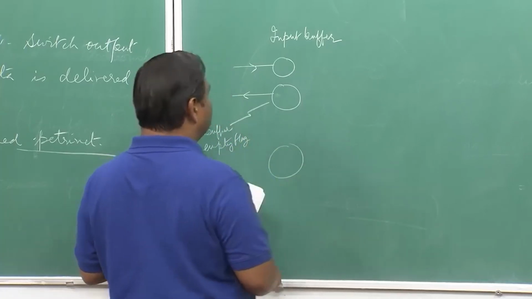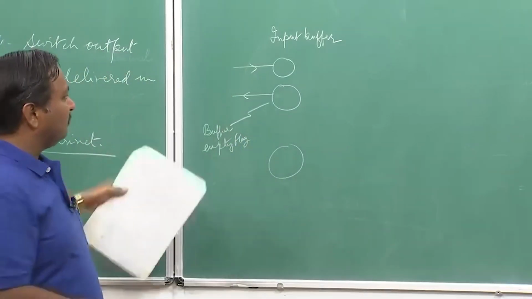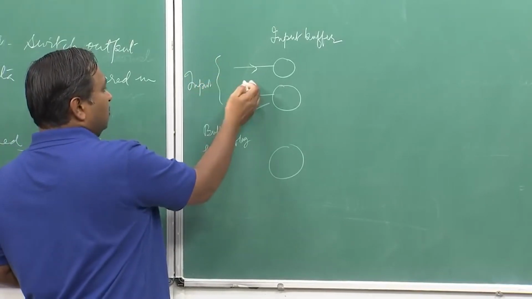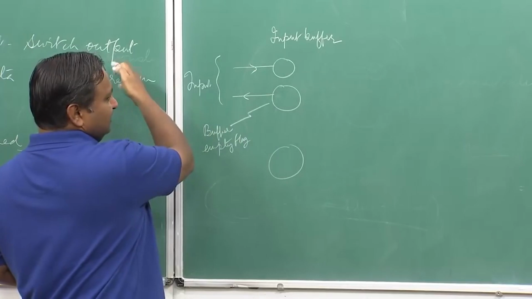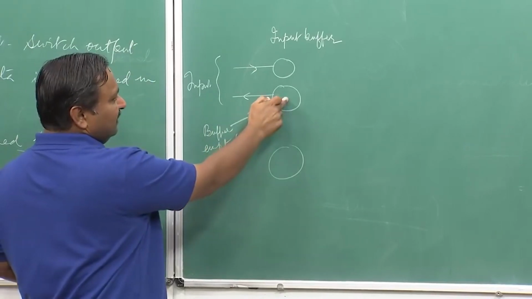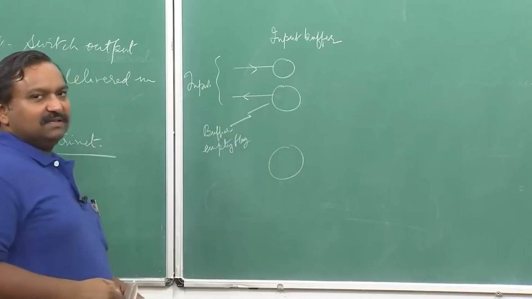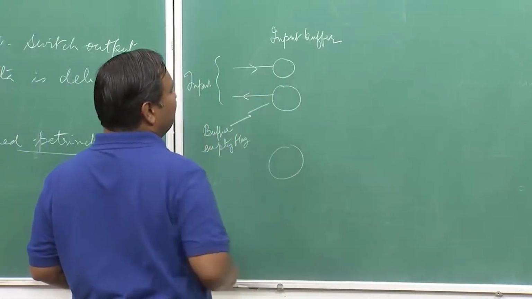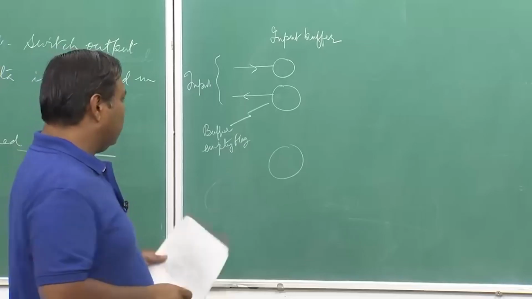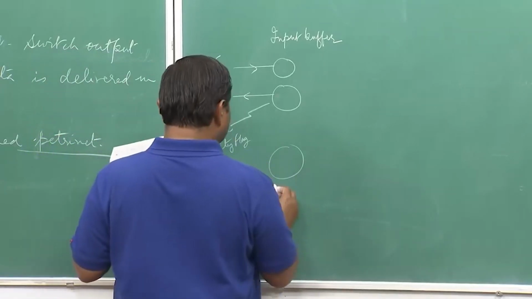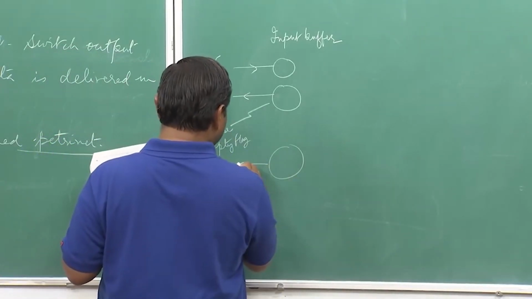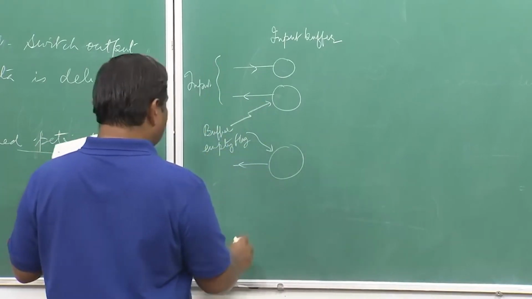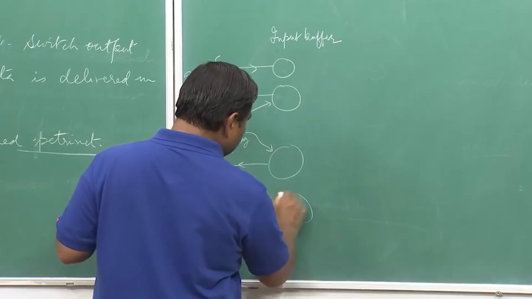There will be another buffer empty flag because it is 2 by 2, so this is input 1. To whichever previous stage output it is connected, this buffer empty flag will give a signal there, and when the packet is transferred, this input buffer flag will also get occupied. So, we will have another one going on this side, and then there is an input buffer.